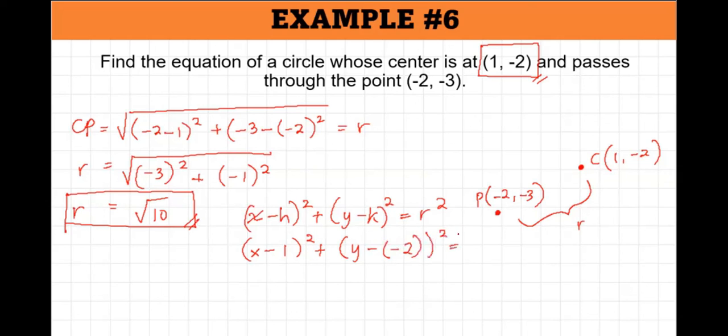Mamaya natin i-simplify. And then r is square root of 10. Kaso, kailangan mo pa rin niyang square. Simplify further, you will get (x - 1) squared plus (y + 2) squared is equal to 10 na lang.